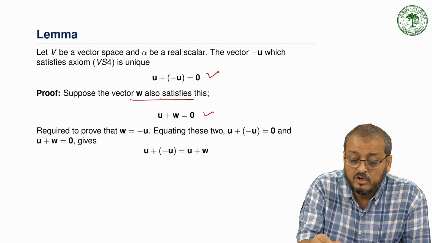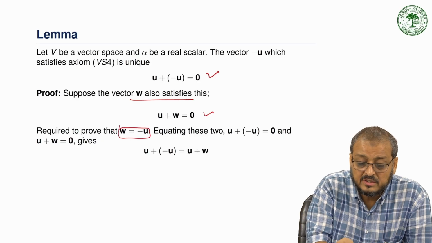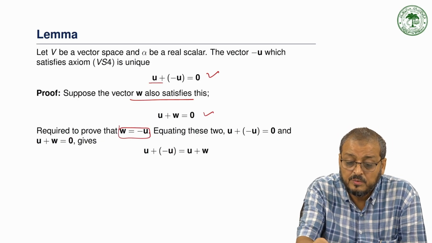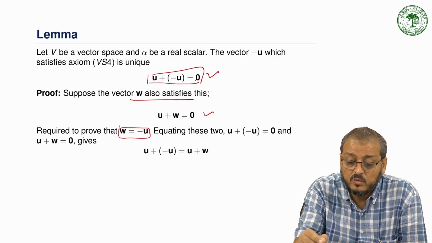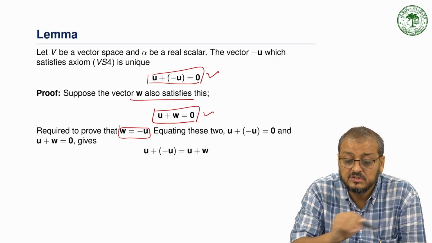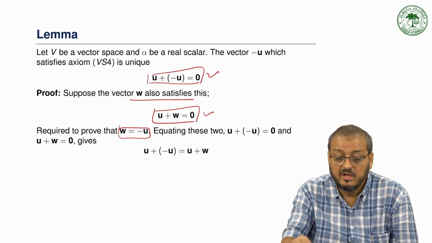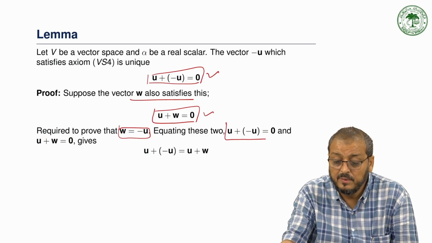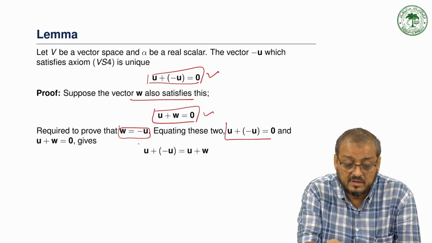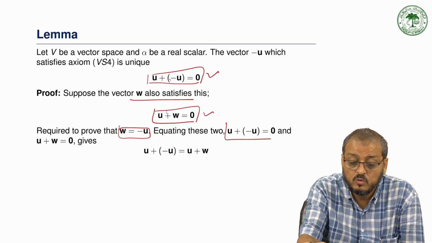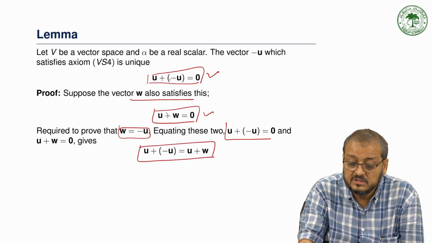Now we have to prove that W is equal to minus U. Because U plus minus U is the 0 vector, and U plus W is also the 0 vector, by these two equations we can say that U plus minus U is equal to U plus W.